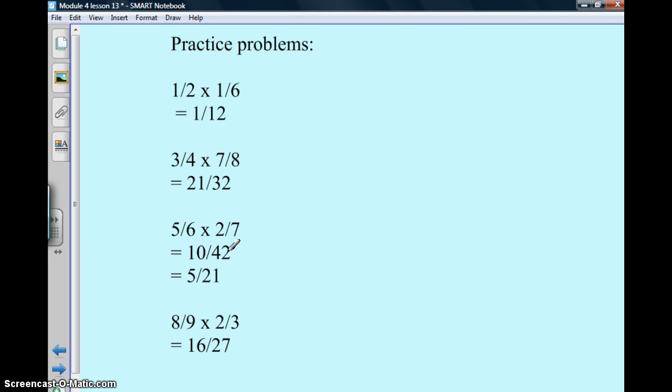I can then divide both of those numbers by 2, so I could reduce it if I want to, and divide 10 by 2 and I get 5, and 42 by 2 and I get 21.